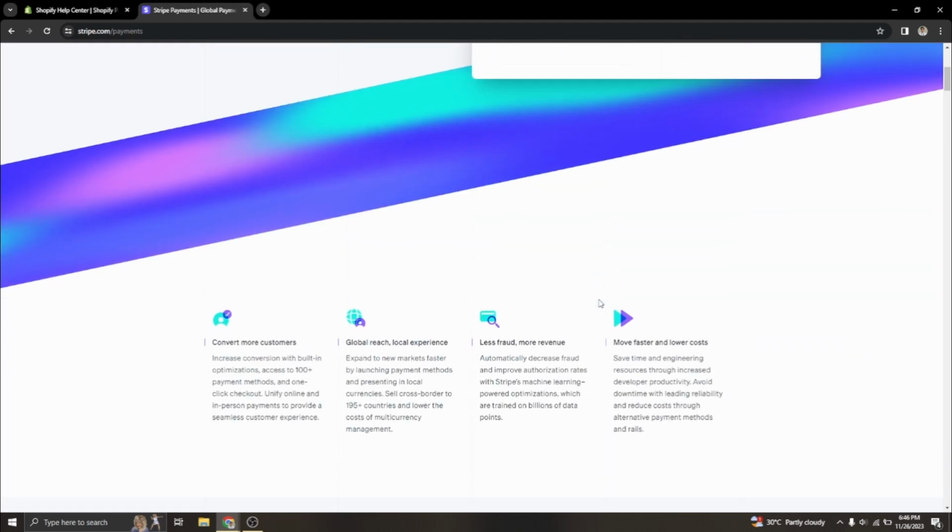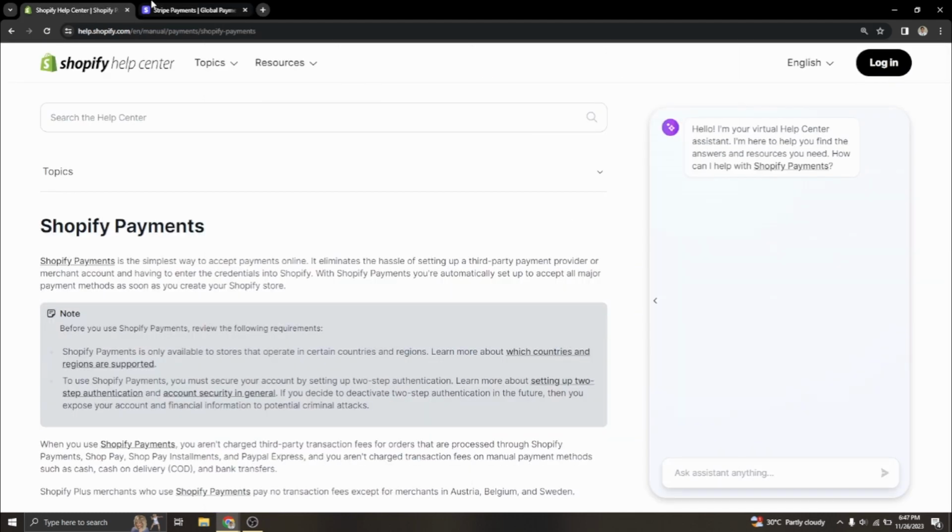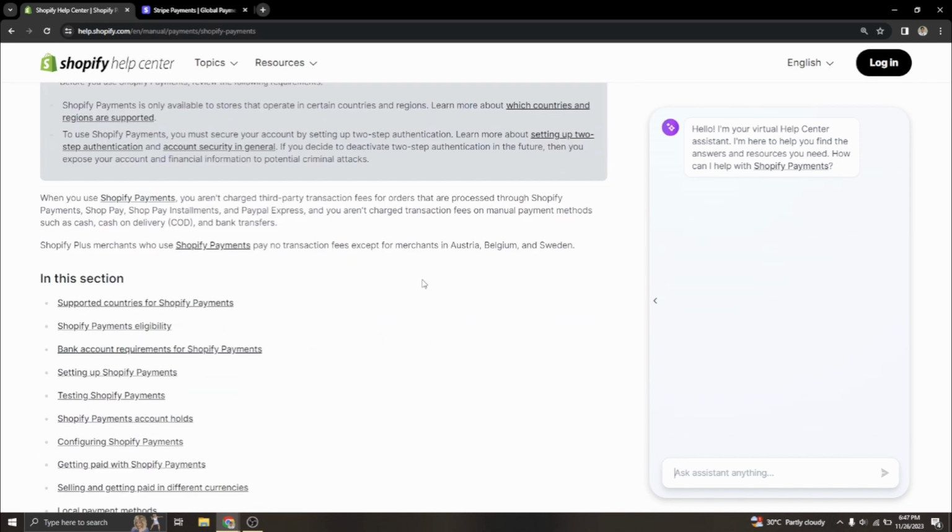Those are the popular compatible online platforms. However, just like I said, Shopify Payments is not available for online payments on other platforms. For example, if I'm going to buy a product on Amazon, can I use Shopify Payments? No, you can't.